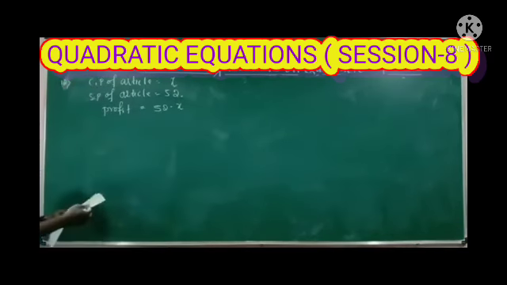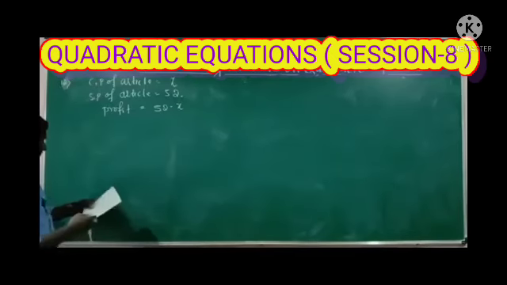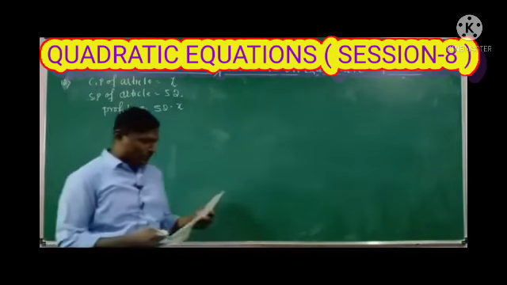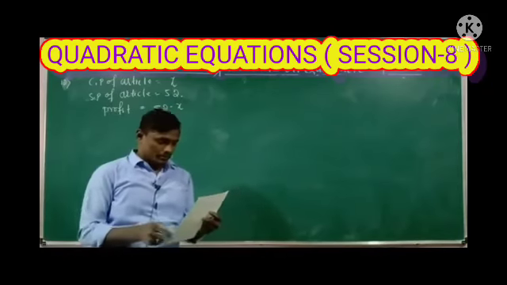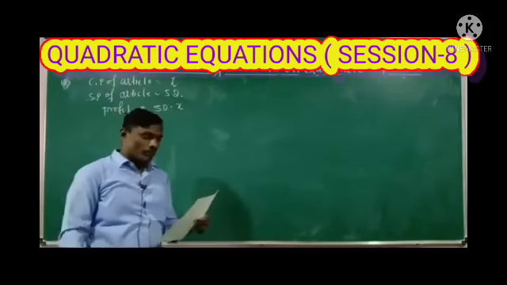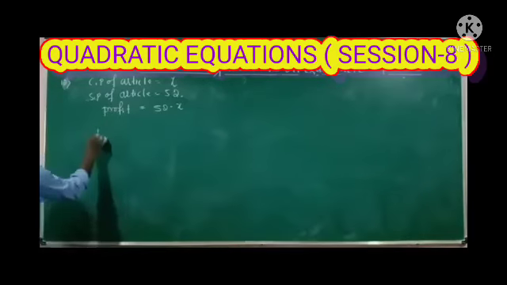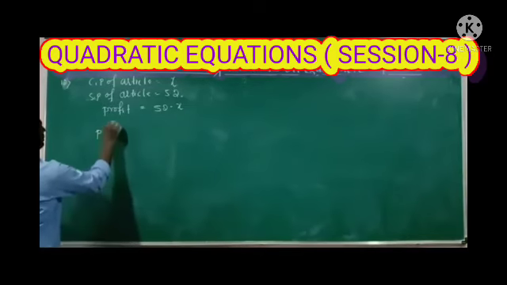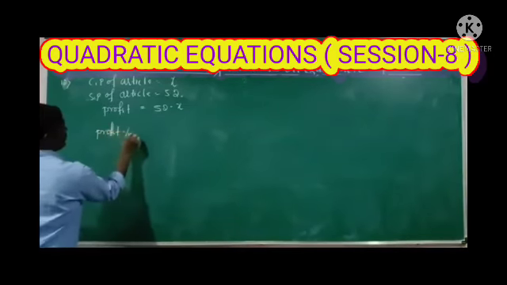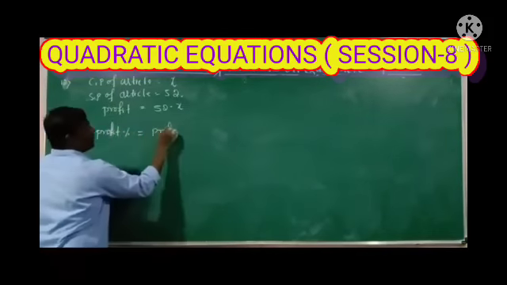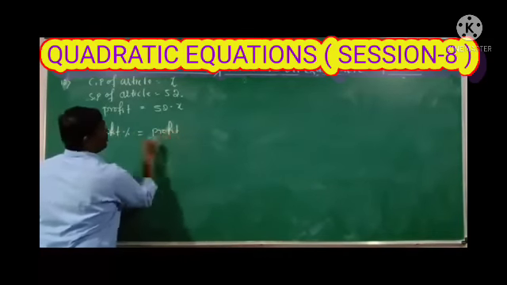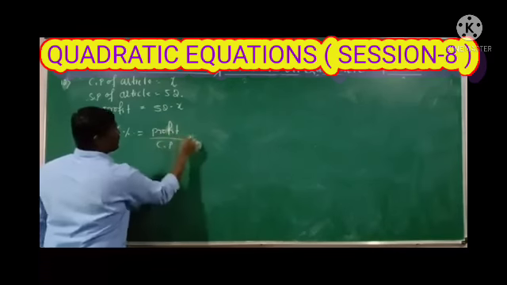Okay, and one more thing is given here. What is that? Profit percentage is given. So what is the profit percentage formula? Profit percentage is equal to profit divided by cost price into 100.